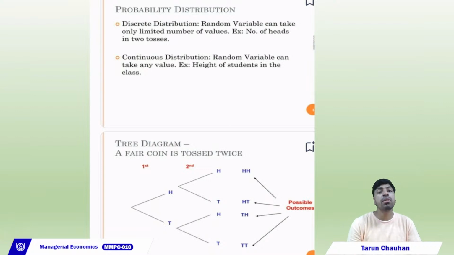When we talk about the continuous distribution, a random variable can take any value. As I already told you, when it comes to the normal distribution, continuous data will be considered and it will take any value from the given sample. For example, the height of the students in a class, or the weight of the teachers in a particular school.